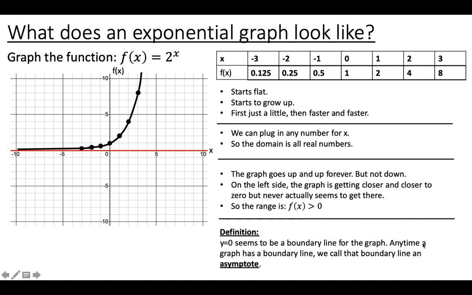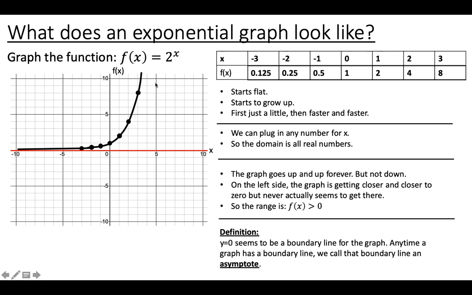So anytime a graph has a boundary line, we call that boundary line an asymptote. So if you get a question, what is an asymptote? It's just a boundary line. That's all it is, okay? It's kind of a funky looking word. It looks challenging, like, oh, that's a crazy word, I've got to remember that. But it's just a boundary line. That's it. This red line right here.